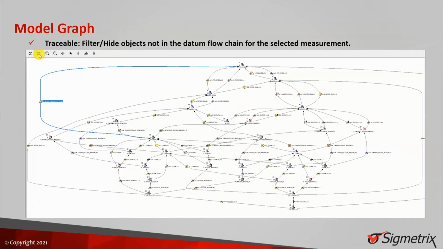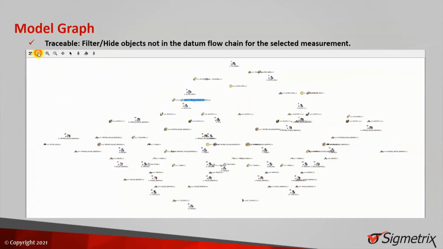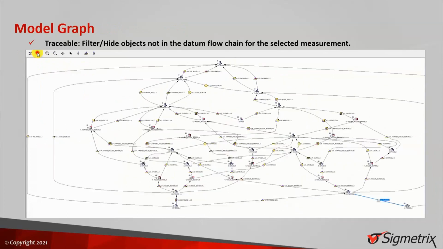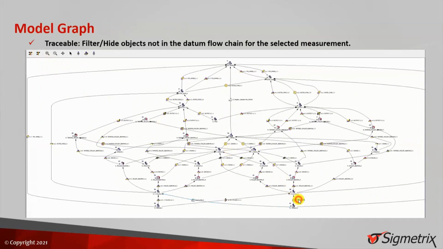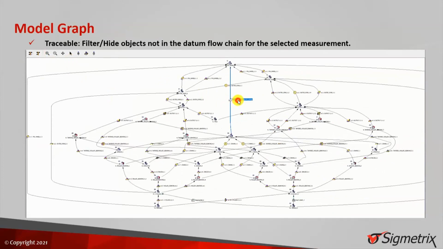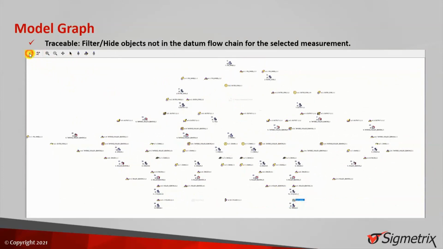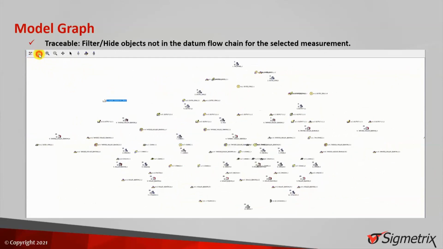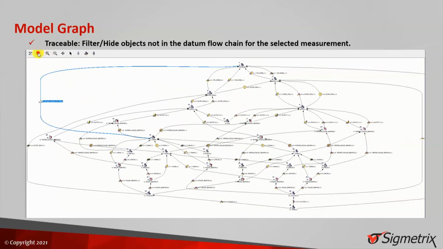And another tool: CETOL shows you the model graph. It is just like a dimensional chain, but the difference is it is a multi-loop dimensional chain in the X, Y, and Z directions, including translation and rotation in X, Y, Z directions. You can also fill or hide objects not in the first chain.